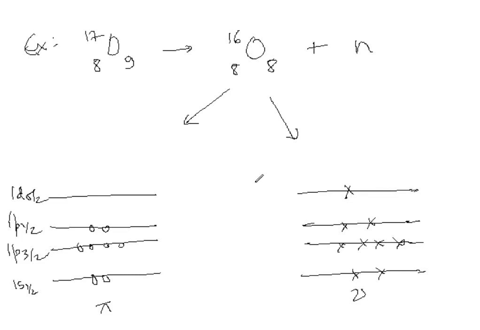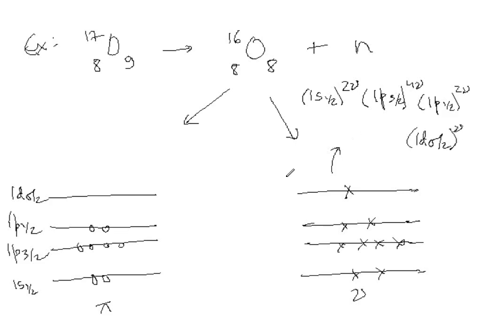Right? So basically, this whole neutron configuration we can also write in words like this: 1s half, 2 nu, 1p 3 by 2, 4 nu, again 1p half, 2 nu, next 1d 5 half, just 1 nu.